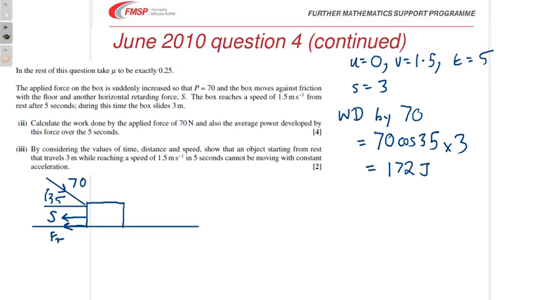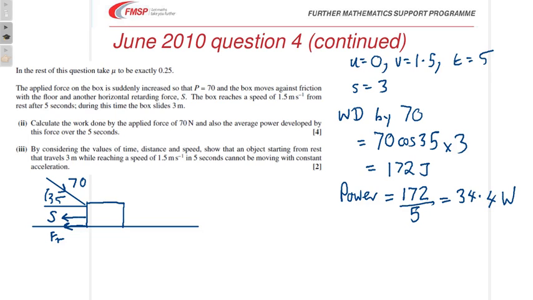And the power developed, the average power, the definition of power is rate of working. So the average power being developed by this force is the work done over the time taken. 172 divided by 5 seconds comes to 34.4 watts.